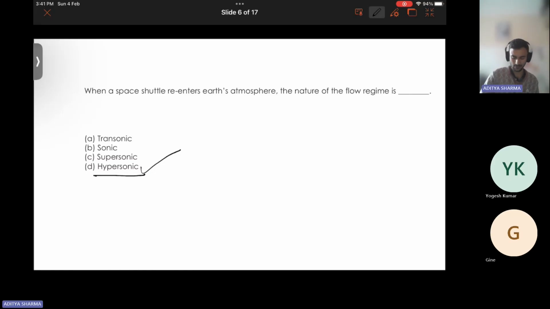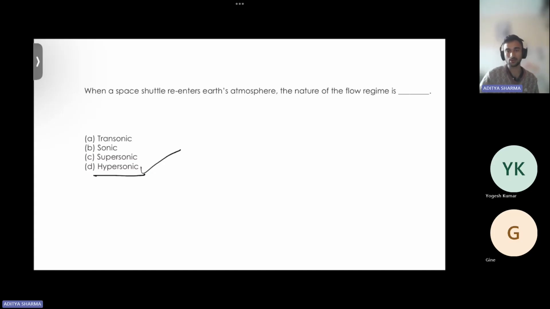These regimes and the Mach numbers related to them should be on your fingertips. For compressible flows, at least we should not make mistakes, because when somebody interviews you on compressible flows, these are the fundamental things he will start asking.